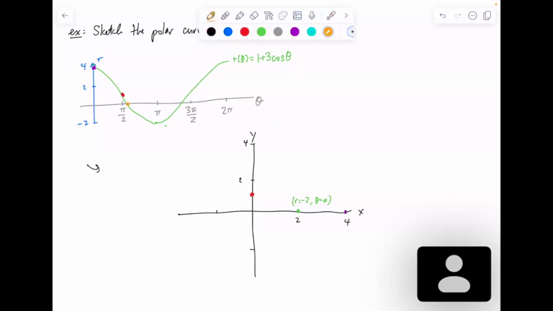Whatever theta that is when r is equal to 0, at that particular theta, I'm going to be at the origin. And then for this entire region here, my r is going to be negative. So as theta keeps increasing up until pi here, I'm actually going to sweep out in this direction here again.